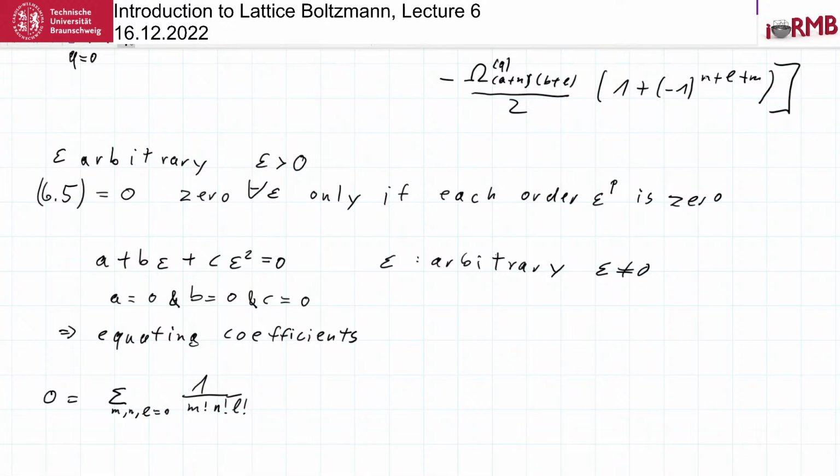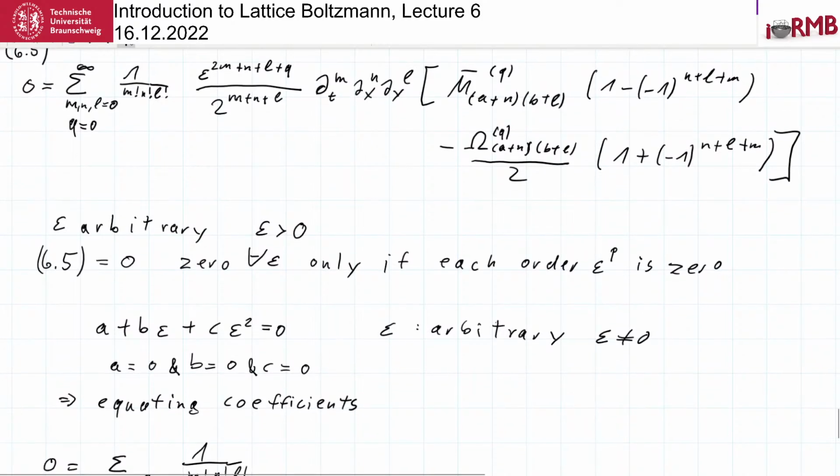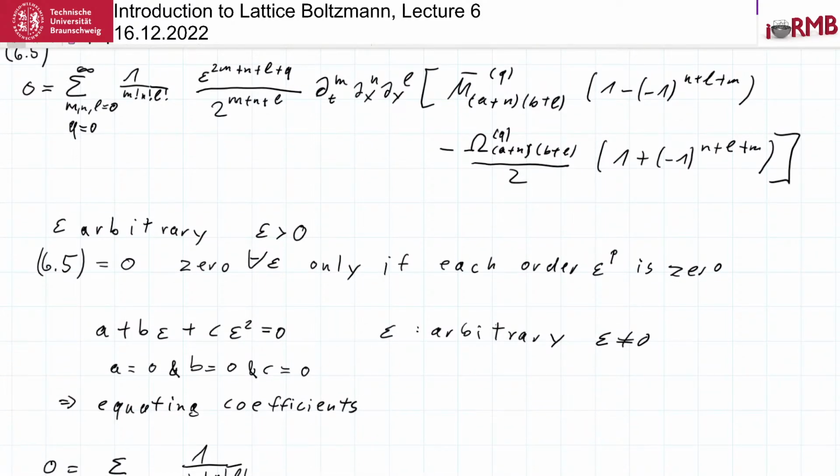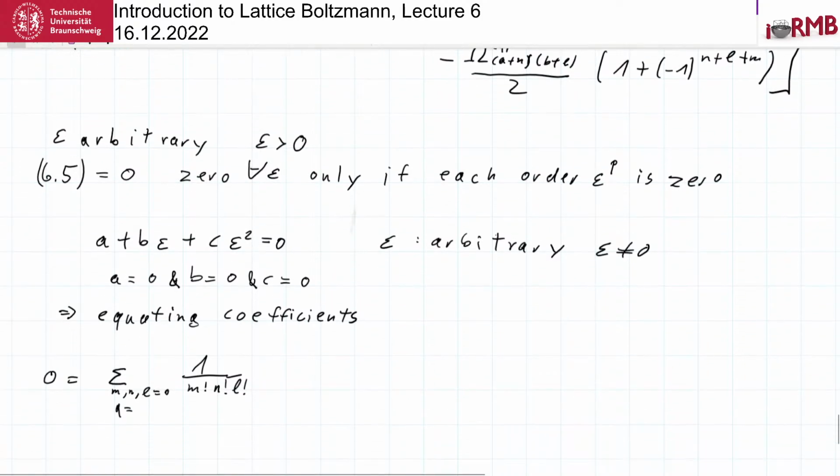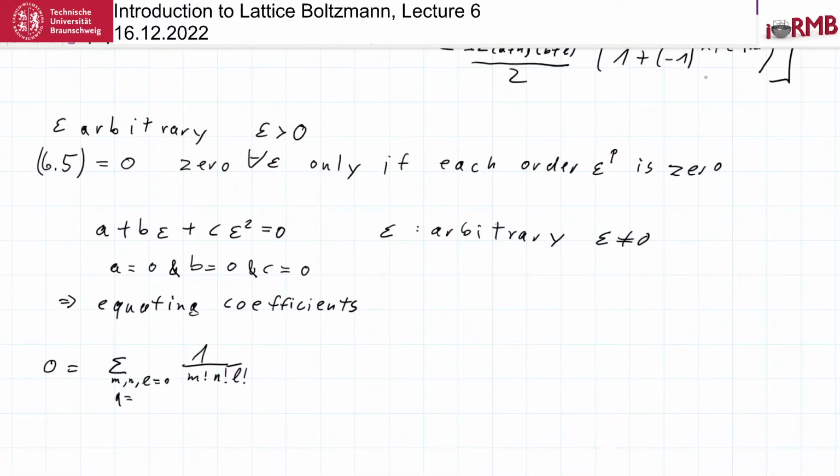So this means that q must be, for any given order, I call this p. p is then equal to 2, it's 2q. Okay, now I made a mistake. It's not 2q.